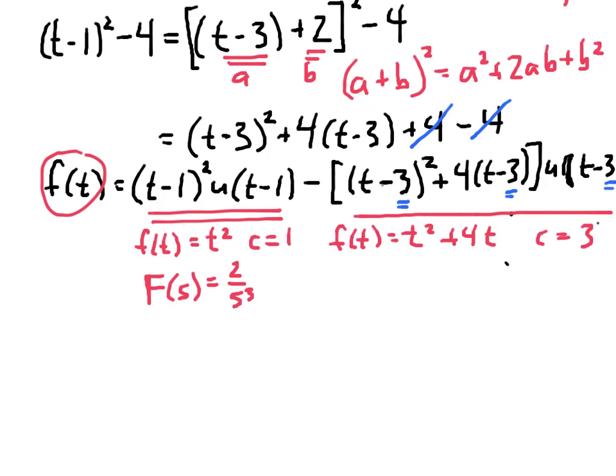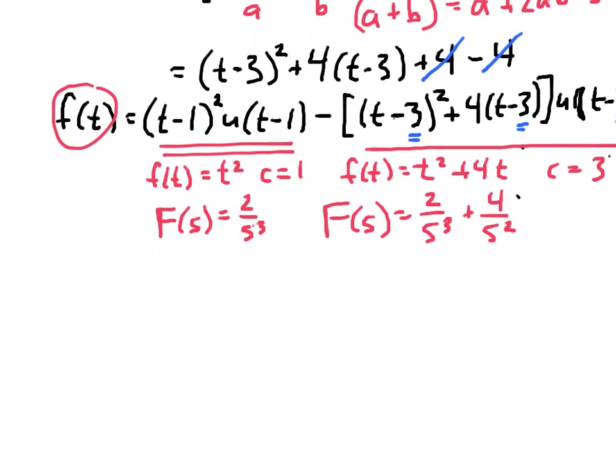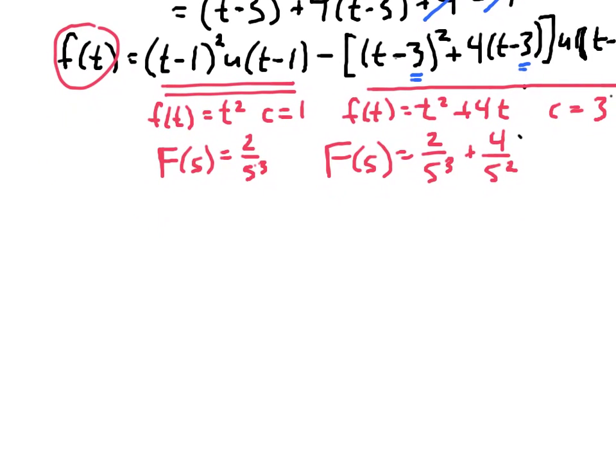And then for this second part, our capital F of s, again the t squared becomes 2 over s cubed, and then we have plus 4 over s squared. And so now we can put those pieces together to come up with the actual capital F that we're looking for.